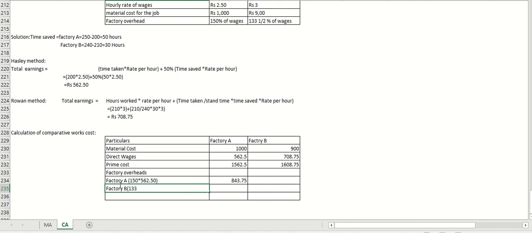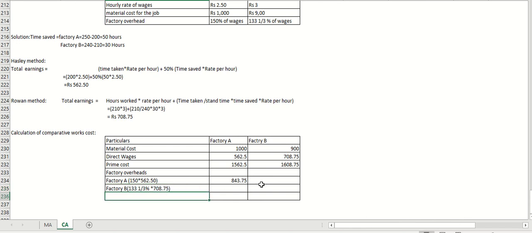And for factory B it is 133 1/3 percentage of direct wages. Direct wages here is 708.75.